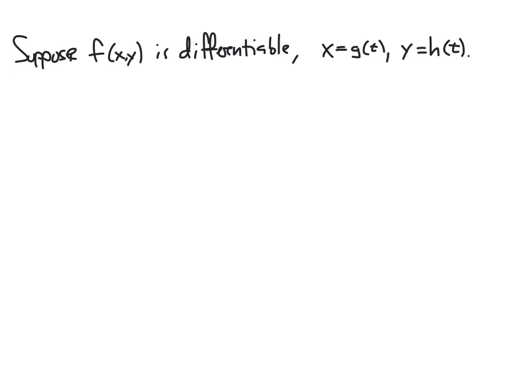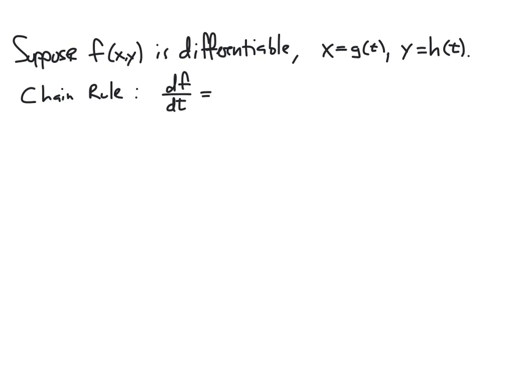Once we have this set up, we have the chain rule, which we can apply. The chain rule says that the derivative of f with respect to t, this is a one variable derivative, was our first case of the chain rule in the previous video set.